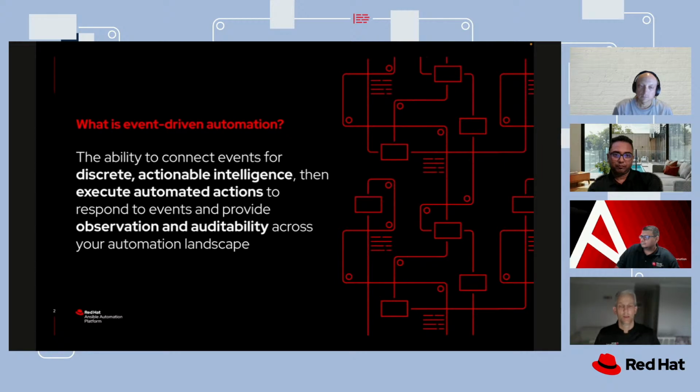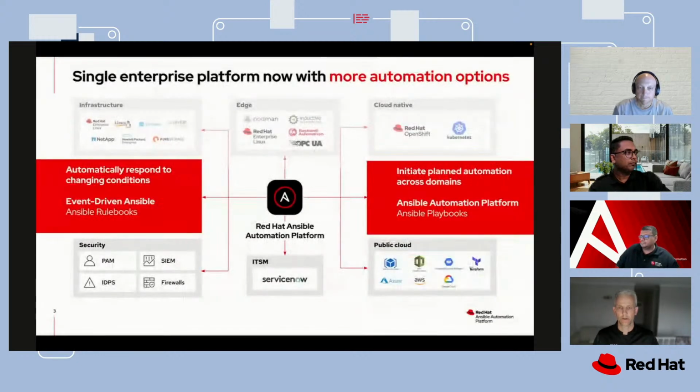Let's expand on that concept of event producers, because I think it shows the value of what automation platform does, and it's already in wide use across lots of organizations. What event-driven Ansible does is allow you to tap all your existing automation and the Ansible ecosystem into that consumer and producer ecosystem, to get more value out of your platform.